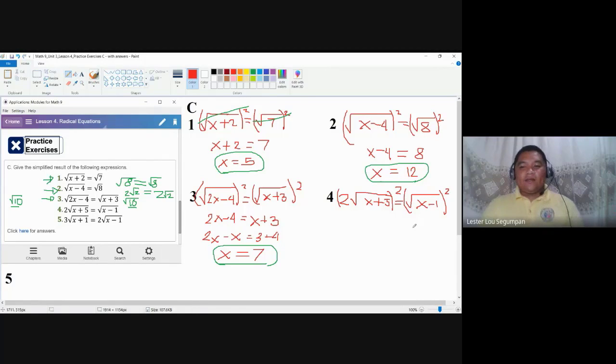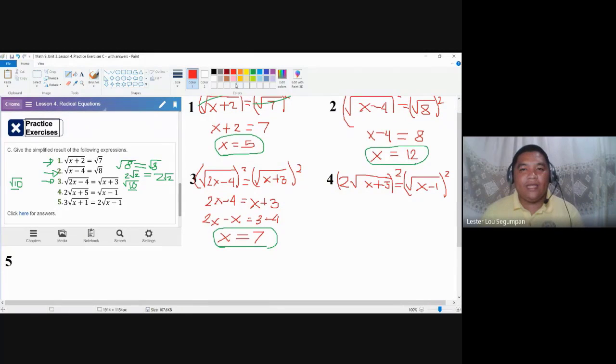And then remember the power law of exponents. Aside from squaring the radical expression here, you also share it to the coefficient here. So this would become 2 squared, which is 4. And then we remove now the radical expression.